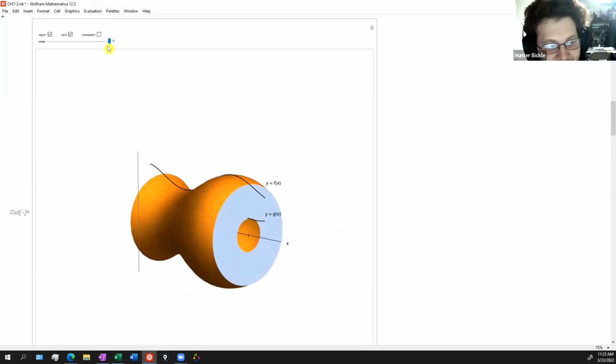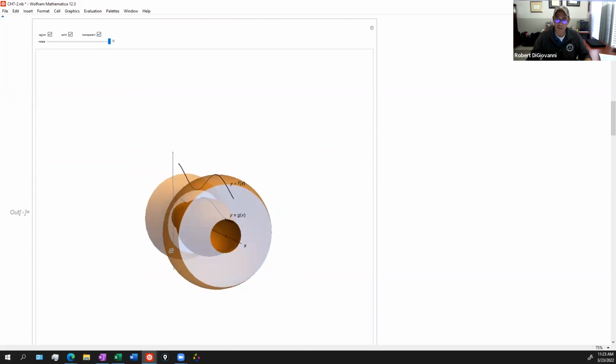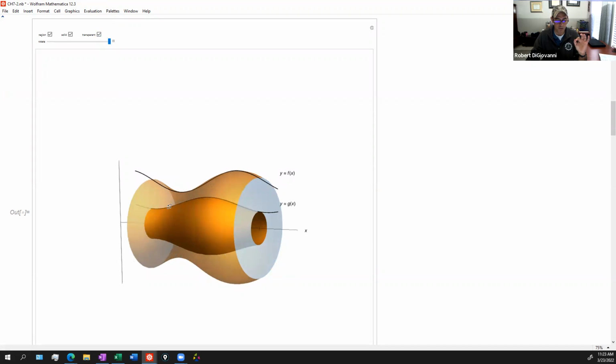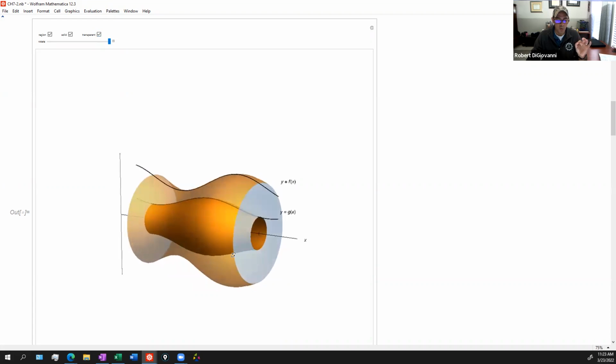Now, I'm going to make it somewhat transparent so that you can see that there's a hole in there, but the hole is not straight, right? Because it follows the curvature of the bottom curve. The question is, what is the volume of that? How much space does that thing take up?